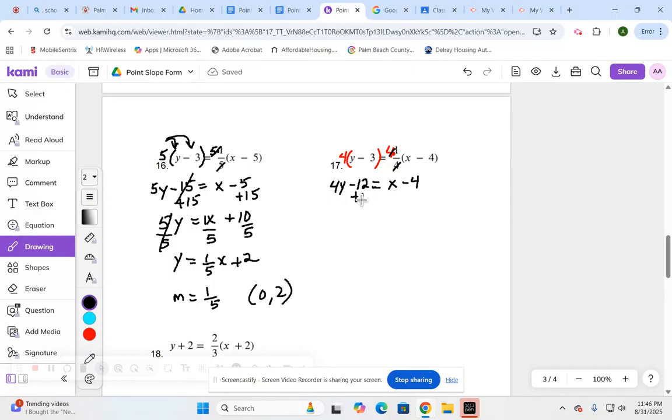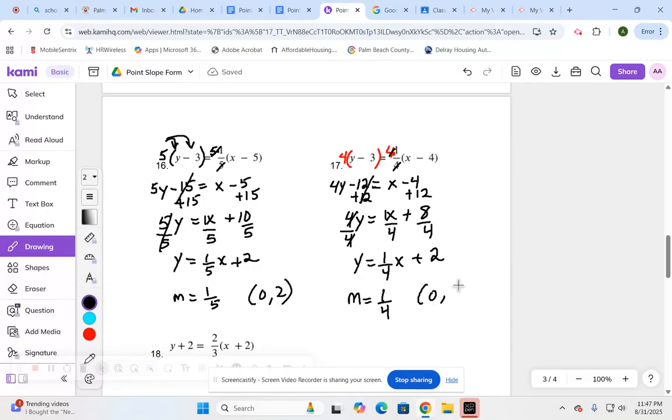Now let's add 12 to both sides. 4y equals x plus 8. We'll have to divide through by 4. Could put a 1 here, so the 4's will cancel. We'll have y equals 1/4 x plus 2. So our slope is 1/4 and our y-intercept is 0, 2.